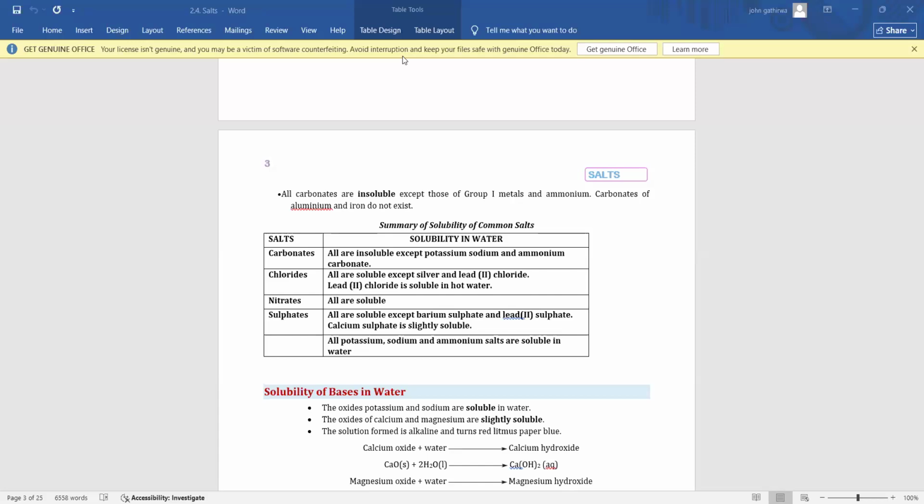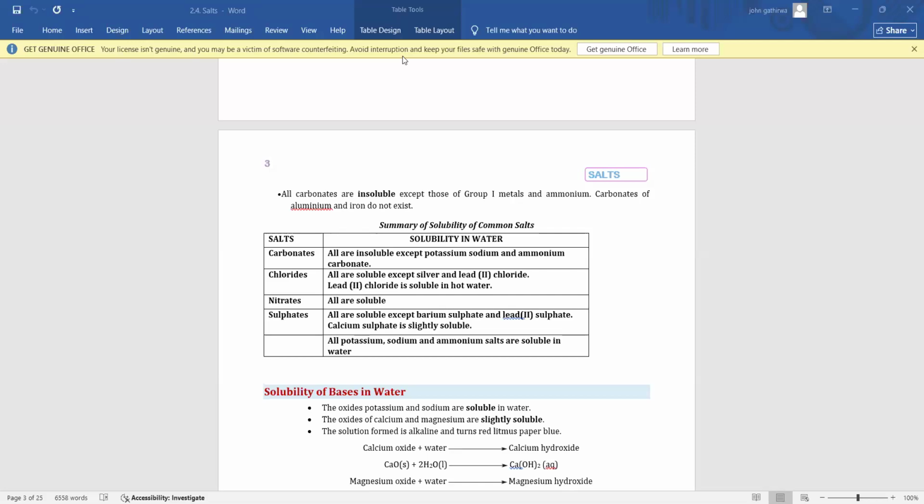Tell us which bases are soluble and which ones are insoluble. The potassium bases, the sodium bases, and the ammonium bases are soluble in water, whereas the rest are insoluble in water.